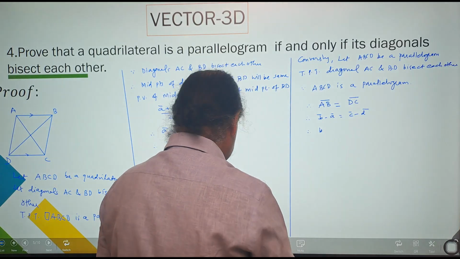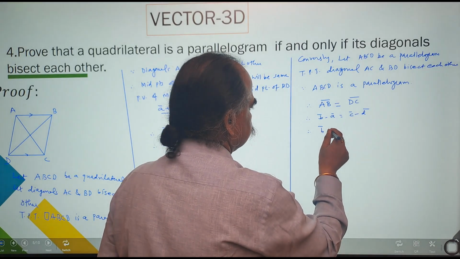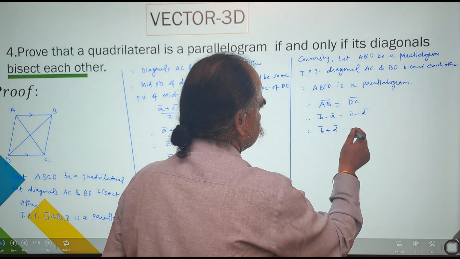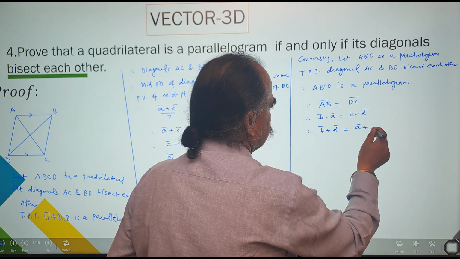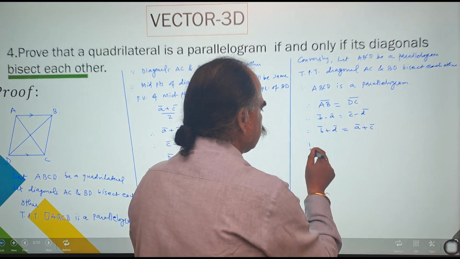So B bar plus D bar equals A bar plus C bar, dividing by 2.